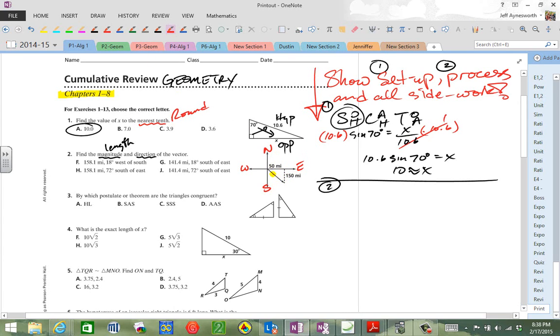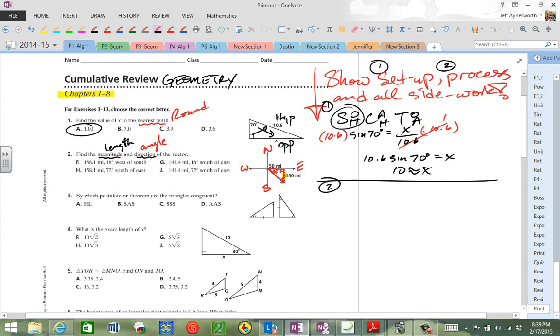Let me highlight the vector. The vector is this arrow right here. You have a right triangle in here. So we need to figure out our angle to figure out the direction, and we also need to figure out the length. For that we can use the Pythagorean theorem.